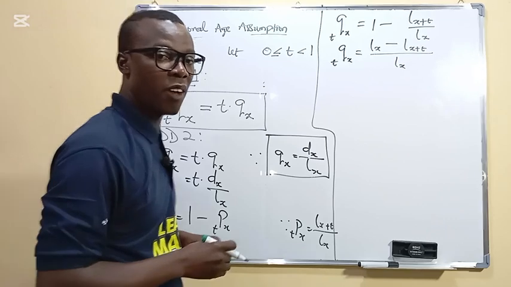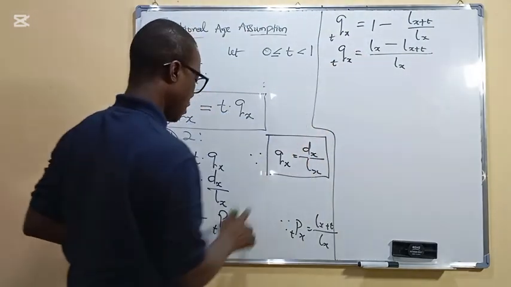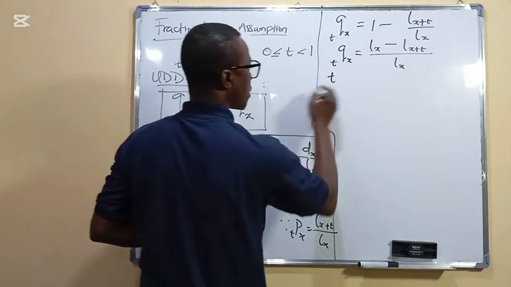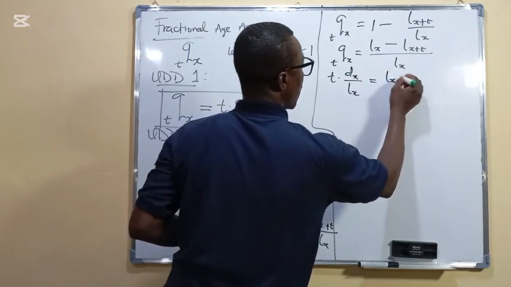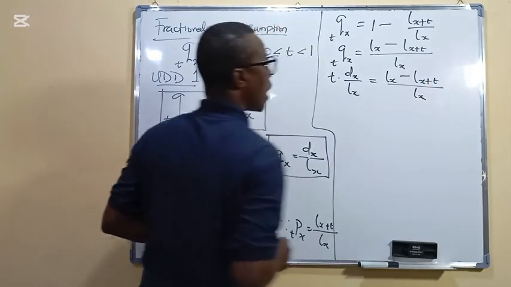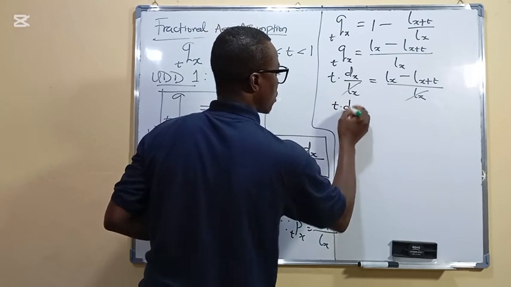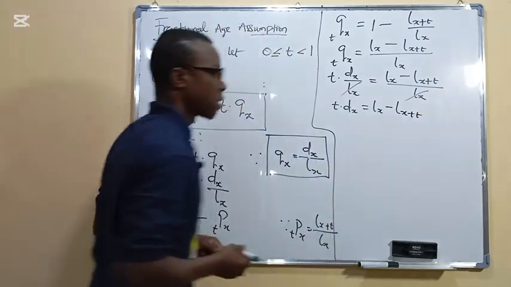But don't forget that we have said qxt is actually equal to t dot dx over lx, which is equal to lx minus lx plus t all over lx. So I can see that this goes with this, and then I'm going to have t dot dx equal to lx minus lx plus t.